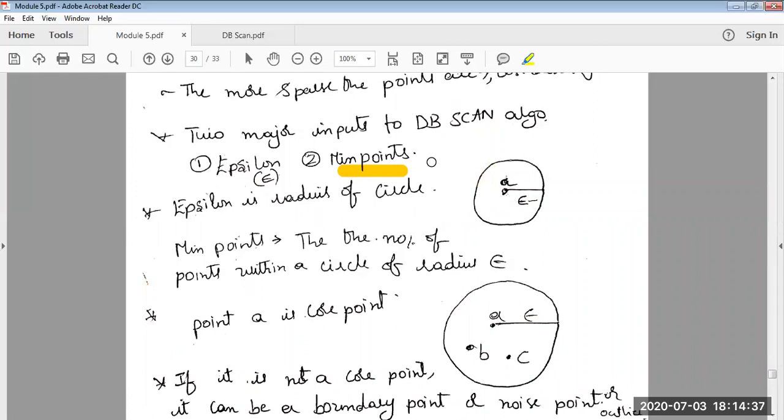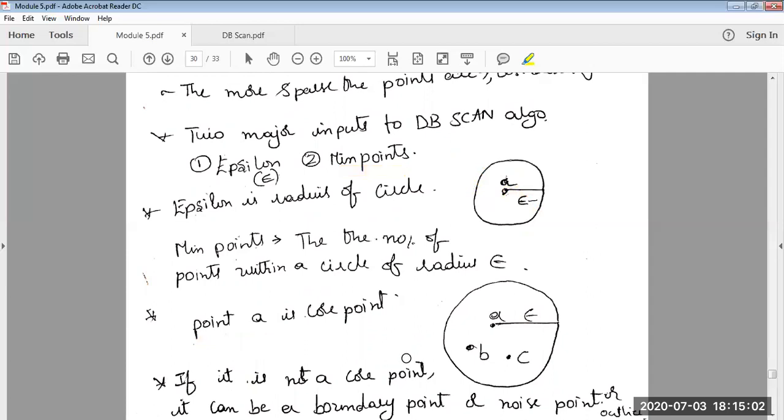For example, I declare minimum points equal to 3, meaning that within an epsilon distance from point A, I draw a circle, and if there are 3 points inside this circle, then I declare point A as a core point, a core cluster.